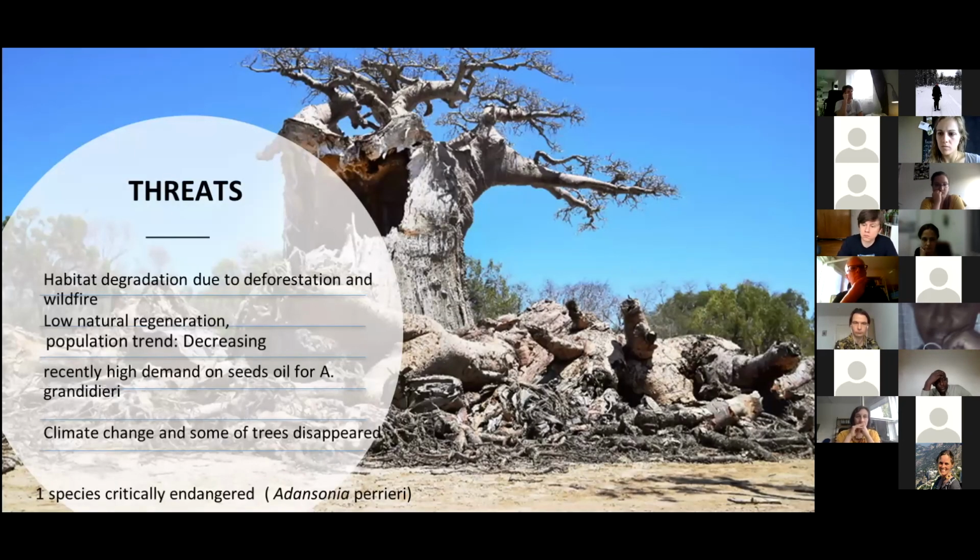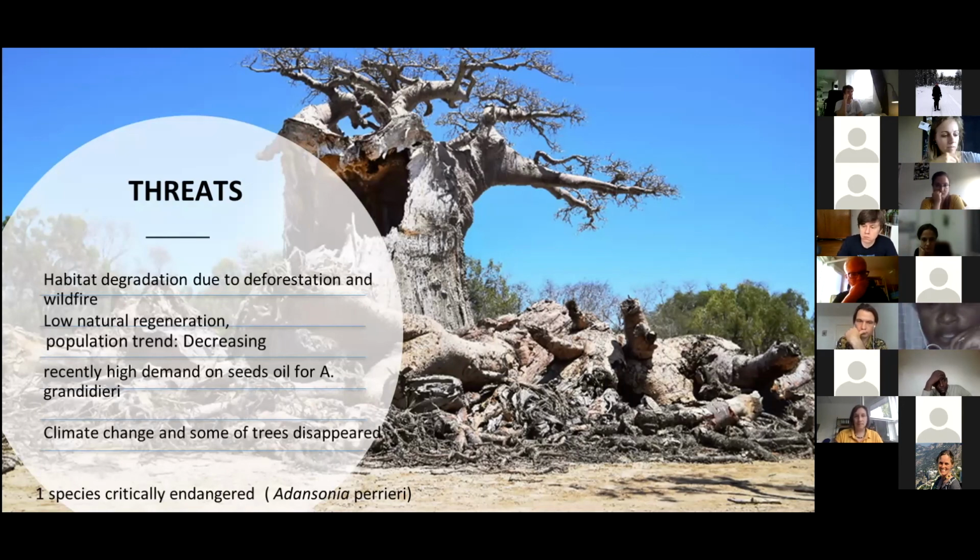The main threats to the baobab here in Madagascar are habitat degradation due to deforestation and wildfire. As we said before, deforestation and wildfires are due to poverty here in Africa.